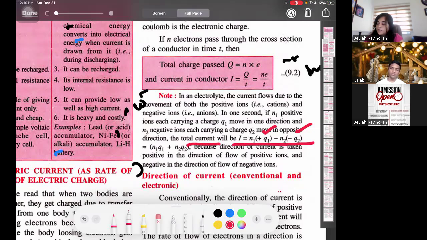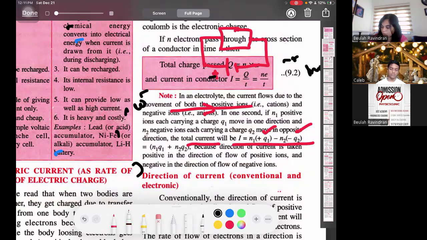Then the direction of current is very, very important. Suppose the flow of electrons, which means negatively charged particles, is like this. Suppose the wire is connected with a battery, with a positive terminal and a negative terminal.